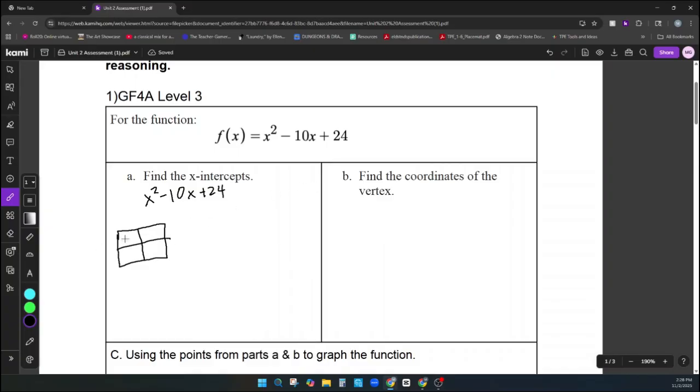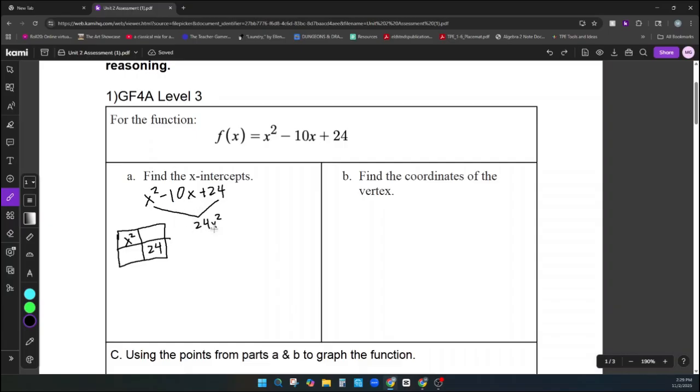For factoring, we always start by putting our first term and our last term inside of our box. From there, we must look at our first and last term, 24x squared, when we multiply them, and break them up in such a way that we could break up 24 via multiplication so that it adds up to be our middle term, negative 10.